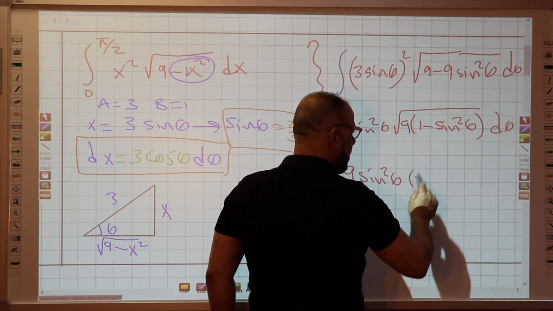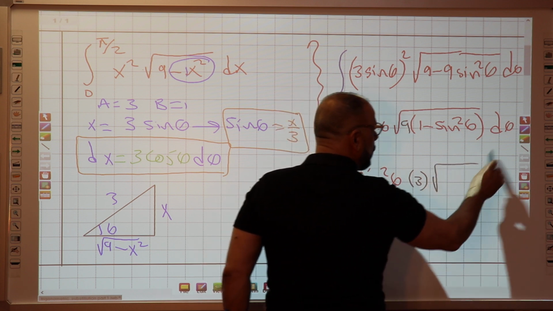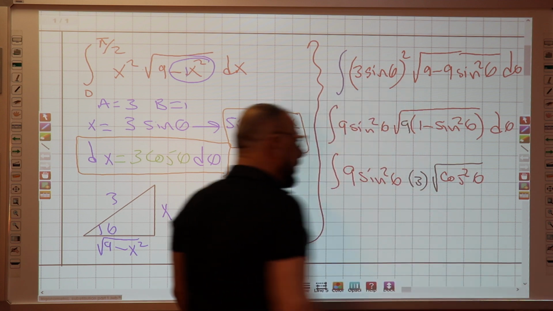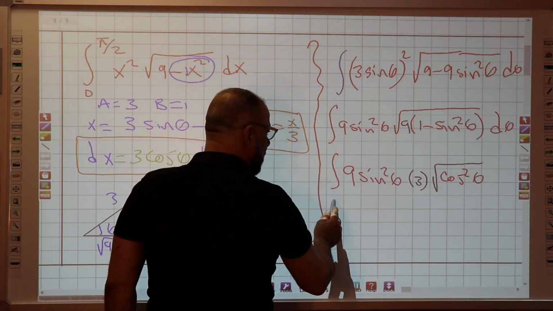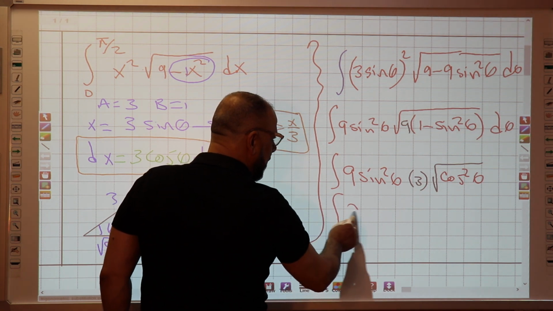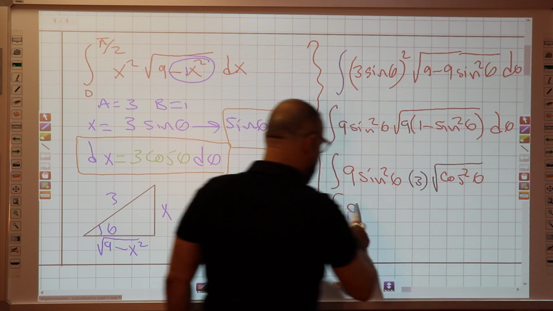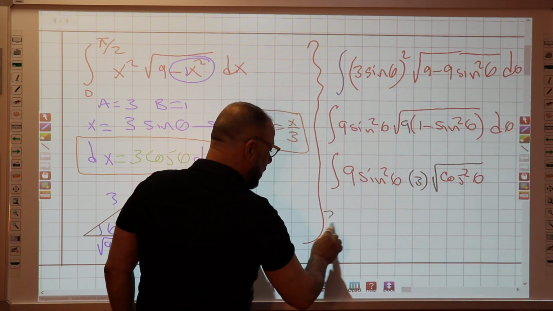I'm going to do it in two steps. The square root of 9 becomes 3, so 9 times 3 is 27. I'm going to take the 27 outside of the integral, which is better for us.